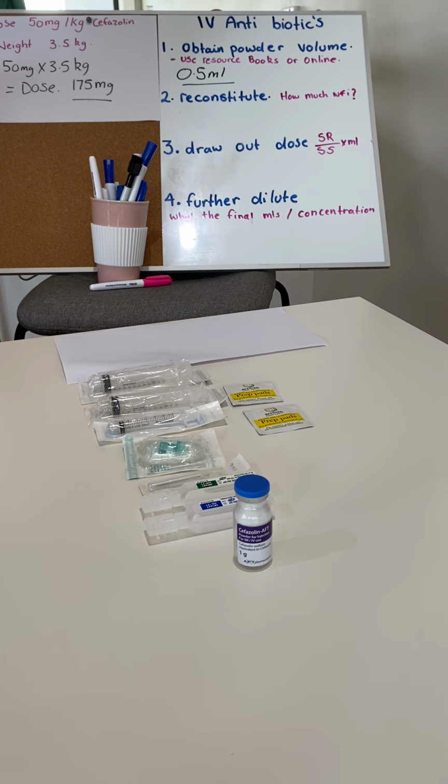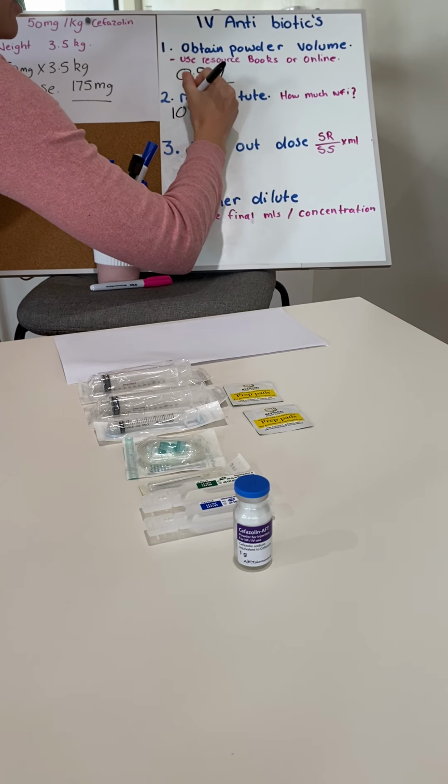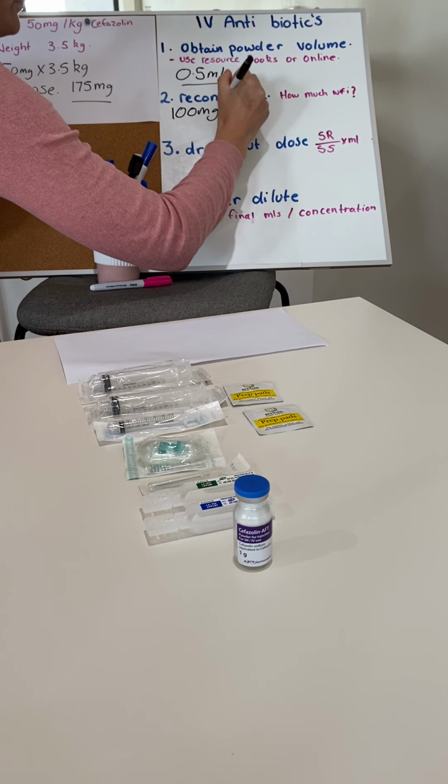Our next step is to have a look online and see how much water for injection we need to add. What does our final constitution have to be? In the Paediatric Injectable Guidelines, it tells us that our reconstitution has to be at 100 milligrams per mil.